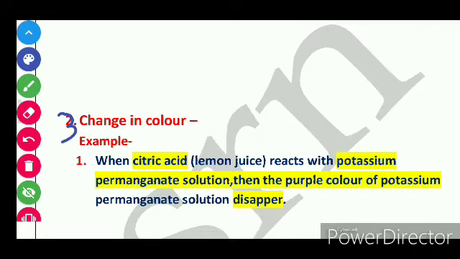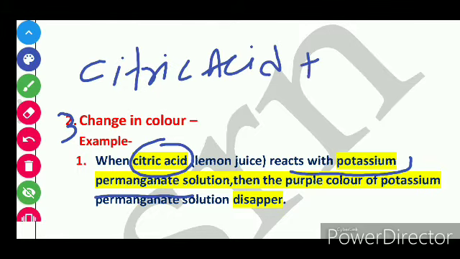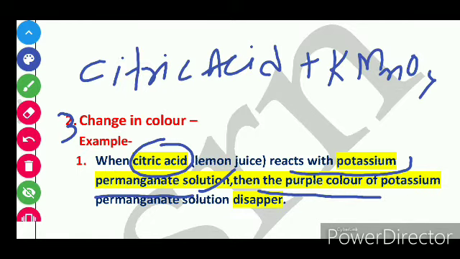For example, when citric acid reacts with potassium permanganate solution, the purple color of the potassium permanganate solution disappears.